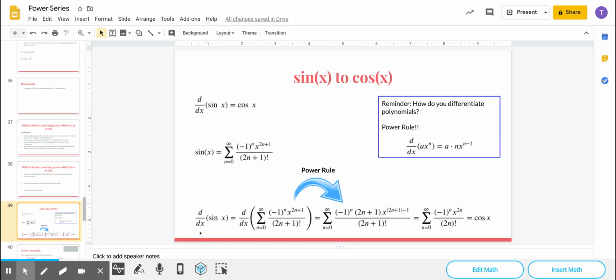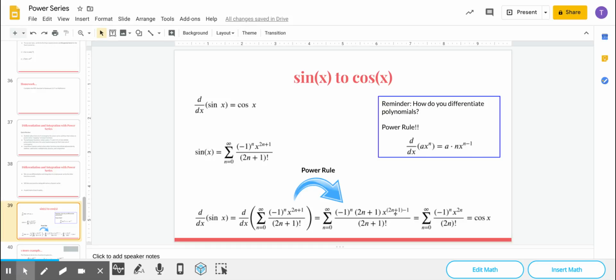All right, so let's jump in here. Down here, I've got the derivative of sine x, which I know is really the derivative of sine's power series, so these two match up exactly. And all I'm going to do is use the power rule. So here's my differentiation with respect to x. My exponent is 2n plus 1, so I'm going to bring that right in front of the x, which is normal.